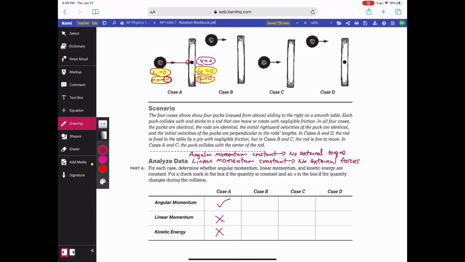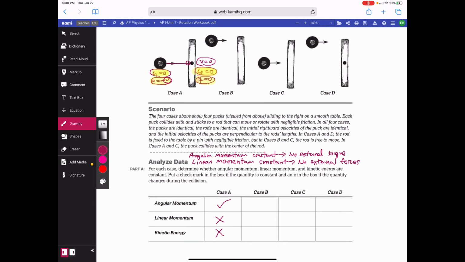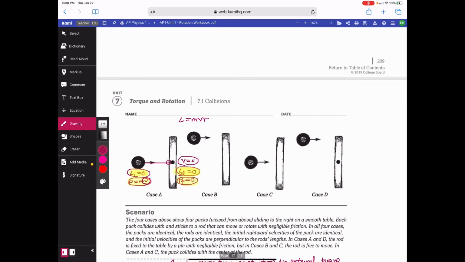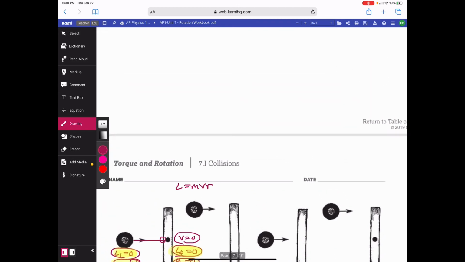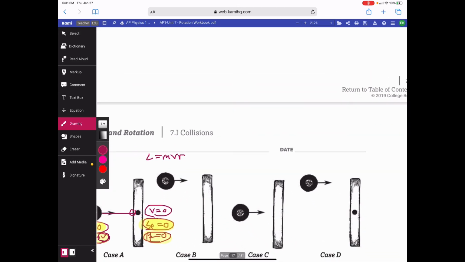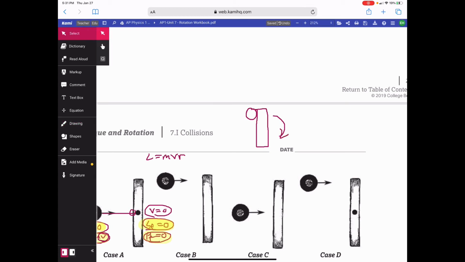All right, let's take a look at case B. Case B, you have velocity beforehand, and the bar is free to move. Now, what is this thing going to look like after collision? Well, after collision, because remember, the puck sticks to the bar, the puck is going to cause rotation like this, and so the whole thing starts to rotate.